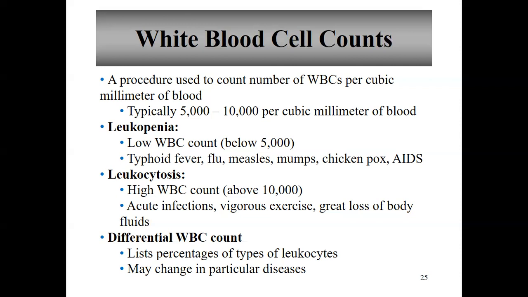If you continue to work out vigorously, your body will adapt. Remember, your body is extremely adaptable. So the more you do vigorous exercises, the more your white blood cells will increase in order to help your body continue doing the work that it needs to do.